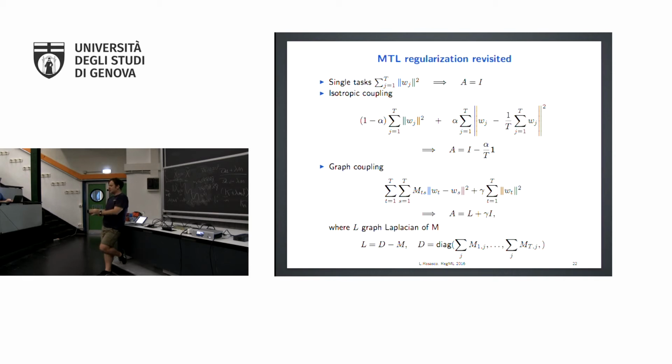If you're thinking about the graph, it means that you sit on a vertex, you look at all the incoming edges, and you sum the weights, and you get a number. And this is called the degree of the vertex of the graph. Then you jump on the next vertex over, and you do the same thing. You sum all the weights incoming in the graph. And this is this matrix D, okay? It's diagonal. You just have for each vertex the degree. The graph Laplacian is defined as the degree matrix minus the adjacency matrix itself.